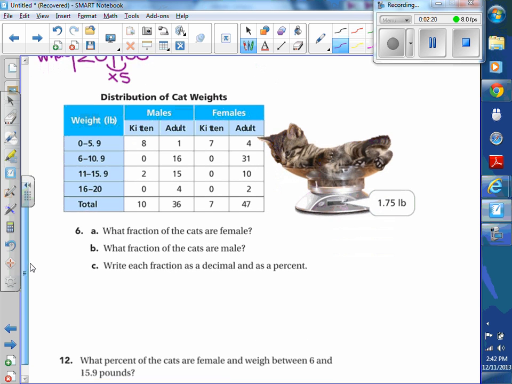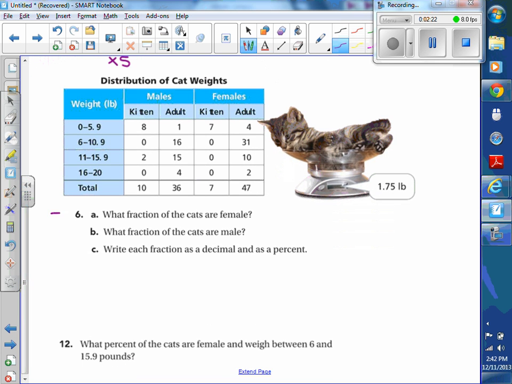Connor, you want to tell me how you did the next one? So number 6, it says, what fraction of the cats are female? So you have to look at this chart here, right? And how did you approach that? Well, first I looked at all the weights of the kittens and the adult cats. Right, so you looked at the titles.